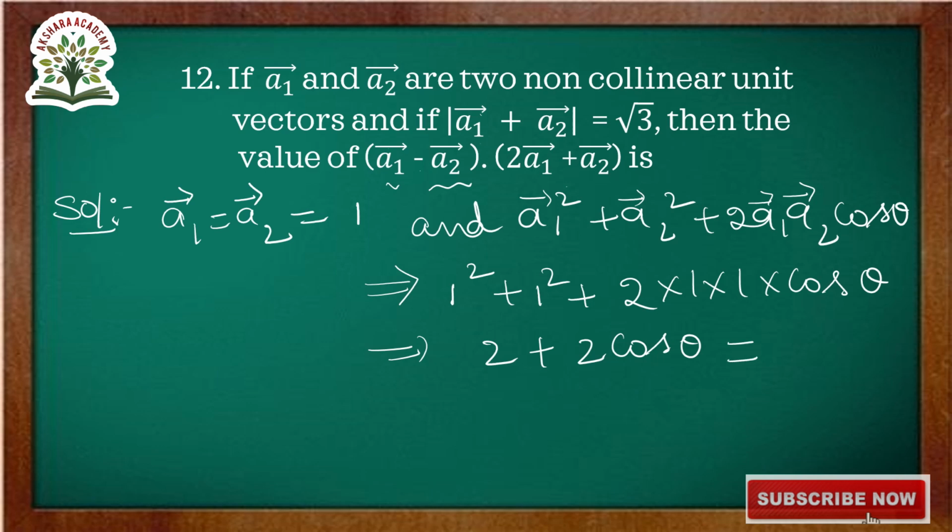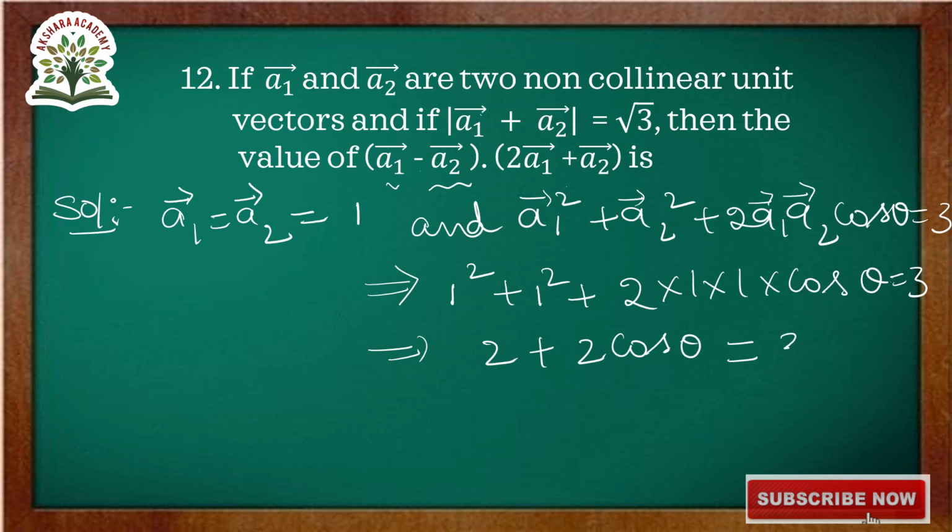That is equal to, as they given, root 3. Squaring on both sides, root 3 and the square cancel, so we are getting 3.